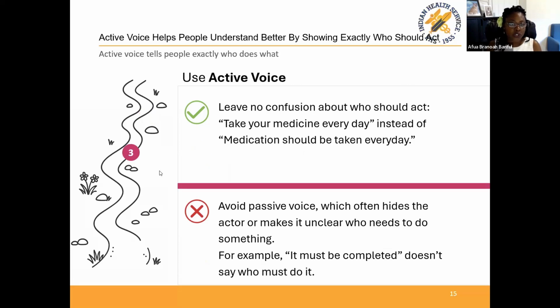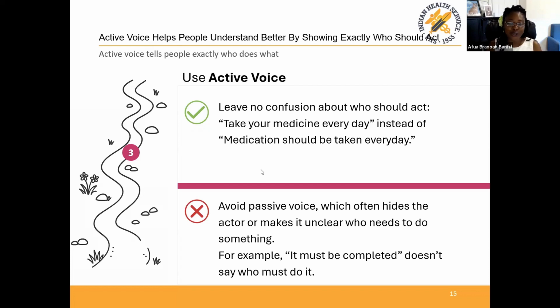Okay, so let's move to the third point in the path. The first point was around using everyday words, echoing them, the language. This third point here, active voice, is just around speaking in a way that says exactly who should do what, right? So there's active and passive voice. And trust me, I had to look up the definition of active voice and passive voice.